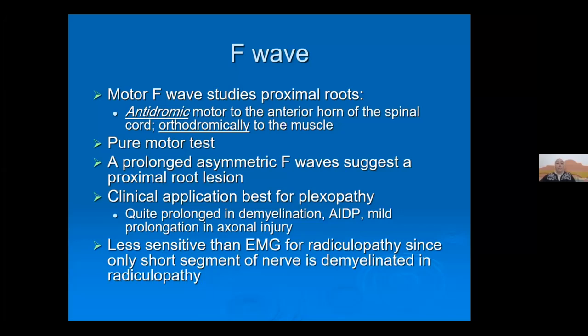Clinical application in cases of plexopathy: when I do the F wave, a quite prolonged F wave means there is demyelination, such as AIDP, or a mild prolongation denotes axonal injury, because of course, as you all know, the demyelination affects the conduction, in this case of the F wave, prolonged F wave, and the axonal injury affects the amplitude.